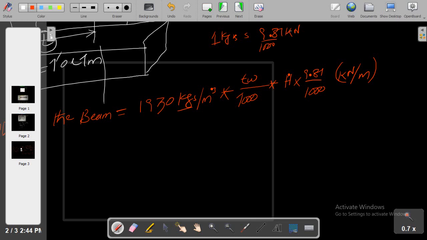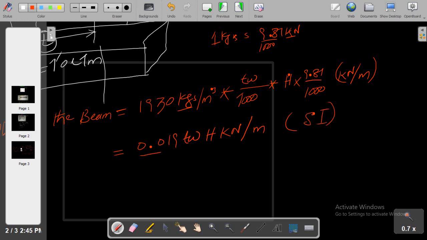If we divide by 1000, the answer comes out in kilo, so we get the value in kilonewton. Now if we multiply these values, we get 0.019 TW h, which will be in kilonewton per meter. This equation will be used in SI units.